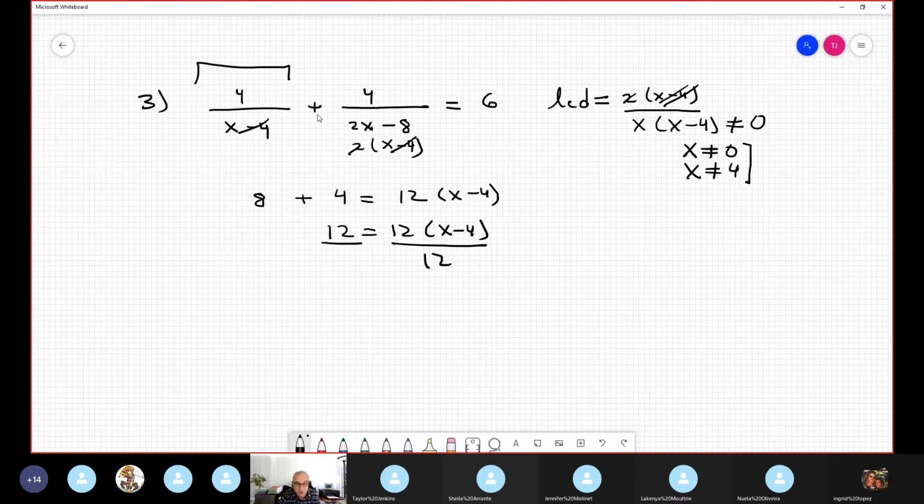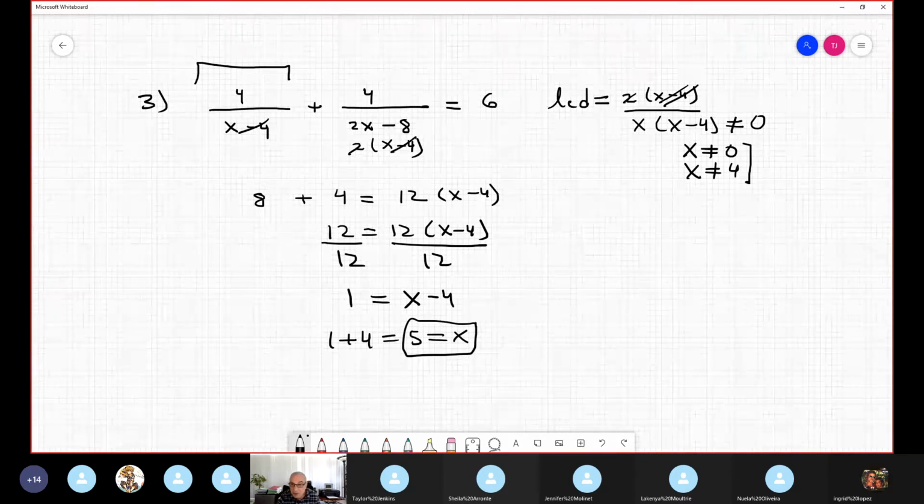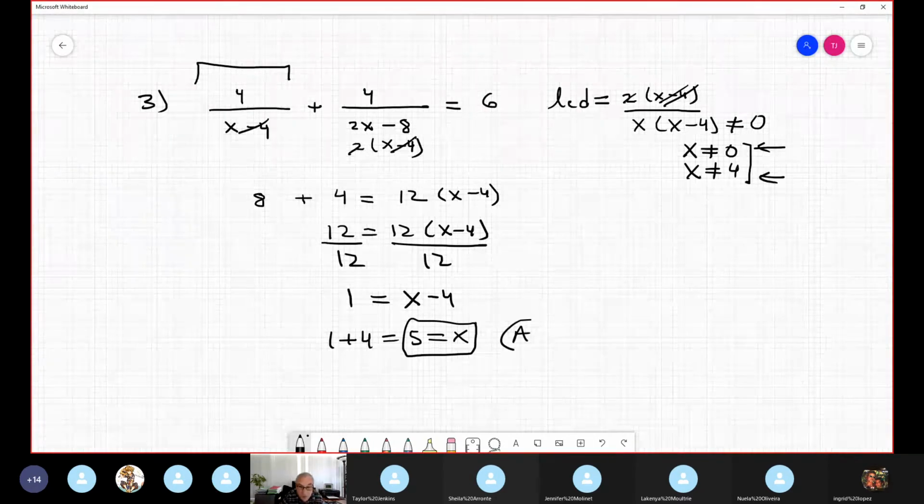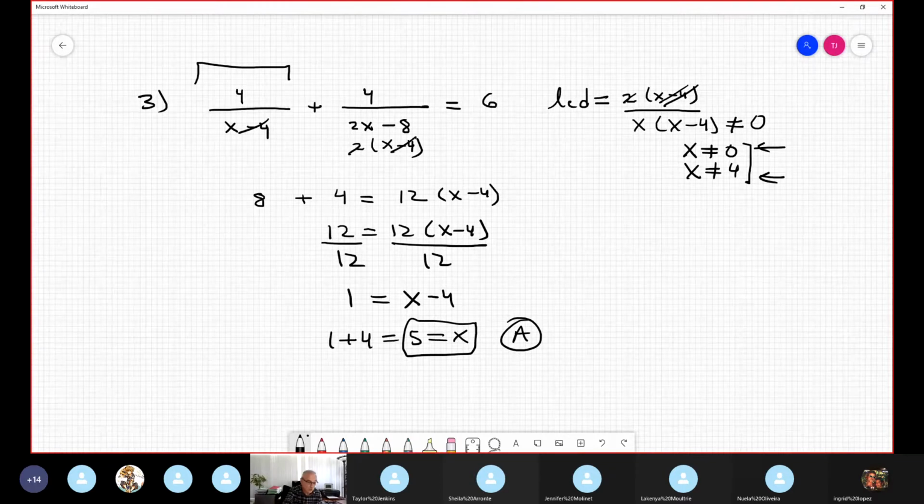Why not? It's 1. And move 4 to the left. So 1 plus 4 is 5, and this is the answer. And 5 has no coincidence with the restriction. 5 is good. That's option A. Do you get the idea?